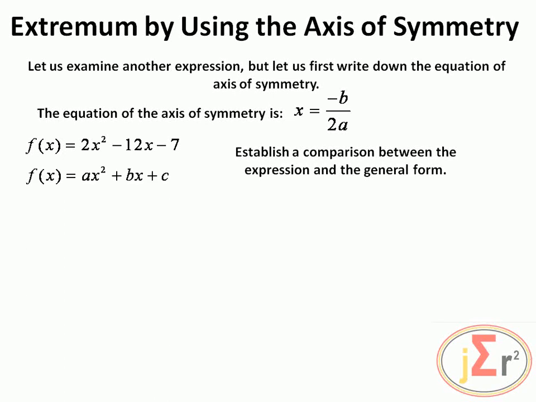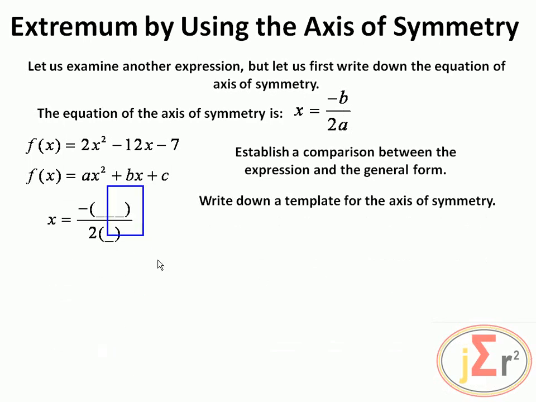We have ax squared plus bx plus c, and of course we are going to put a template here, negative something over 2 something. So write down the template for the axis of symmetry. Now the value of b will go right there. The value of b is negative 12.